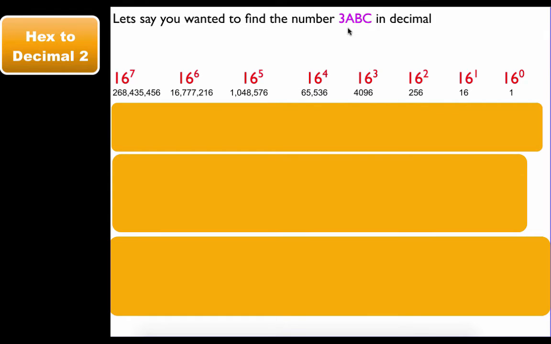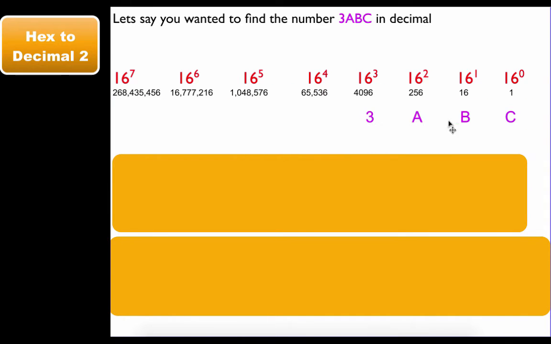What about this one? 3ABC. First we'll write 3ABC, and then we have 3 times 4096, A times 256, B times 16, C times 1.